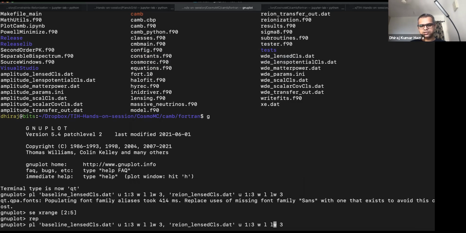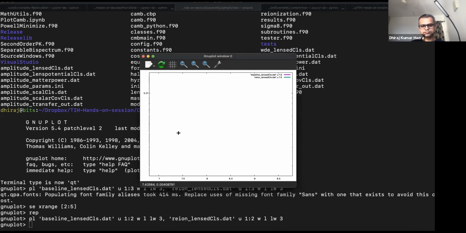You can plot the temperature power spectrum: no changes, right? At very large scales, there is a small change. That is because the visibility function changes as well. Otherwise, they fall on top of each other.